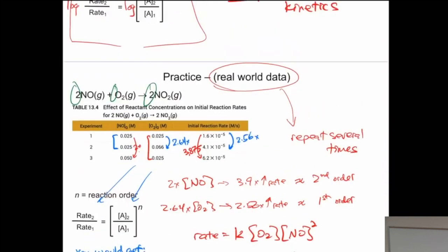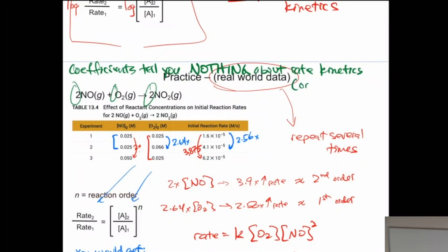Here, let's reinforce this. Coefficients tell you nothing about rate kinetics. Nor do they tell you anything about the mechanism. We'll get to mechanism later. Those have to be determined experimentally.